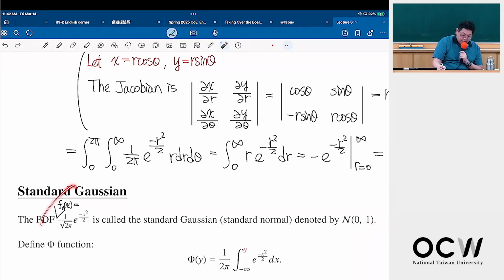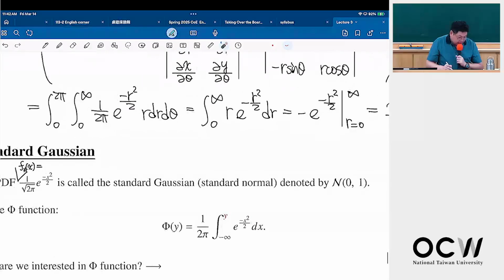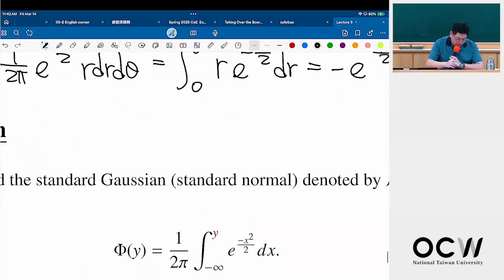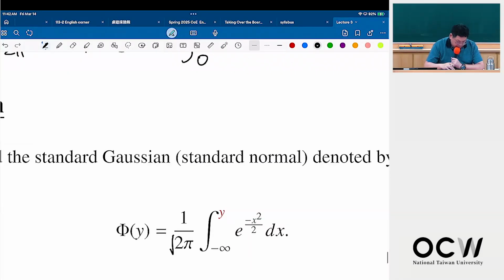In this case, we can define the phi function in this form. It's 1 over the square root of 2 pi, and we do the integration from minus infinity to y, because it's a function of y.